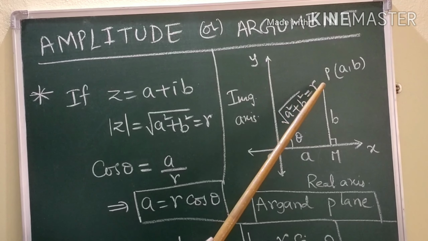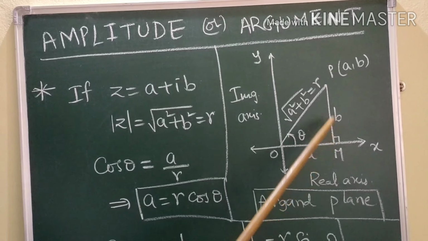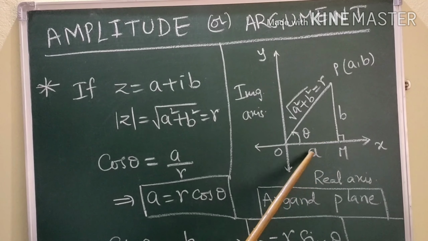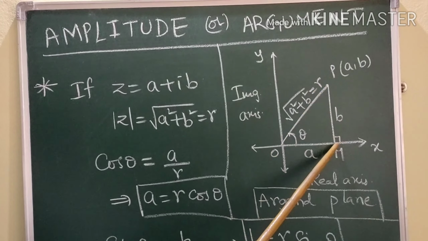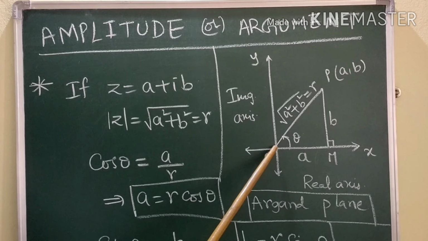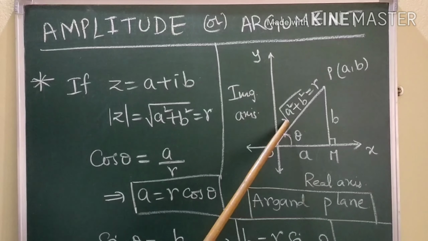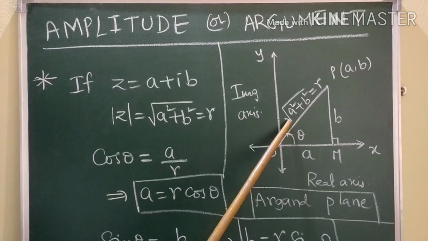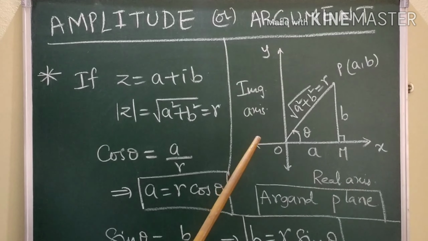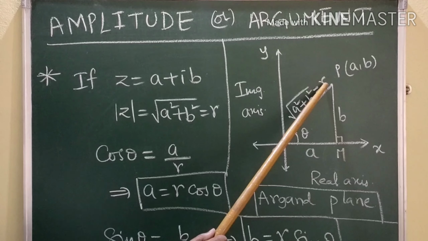Now draw a perpendicular line from P to x-axis as PM, that is OM is equal to a and PM is equal to b. Join the line O and P, which is equal to under root a square plus b square is equal to r by using Pythagoras theorem, and this r is known as modulus of complex number.